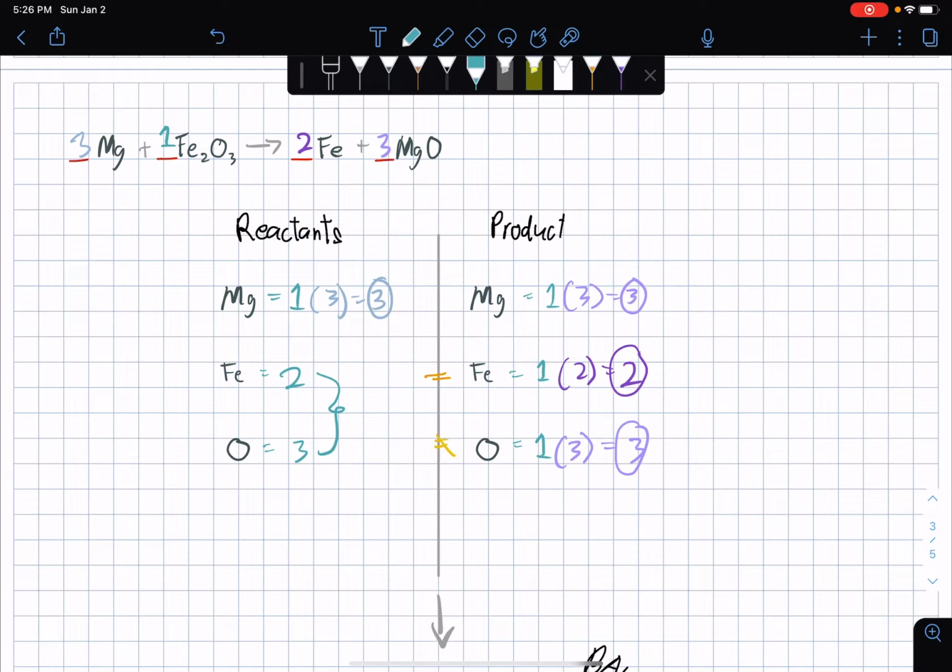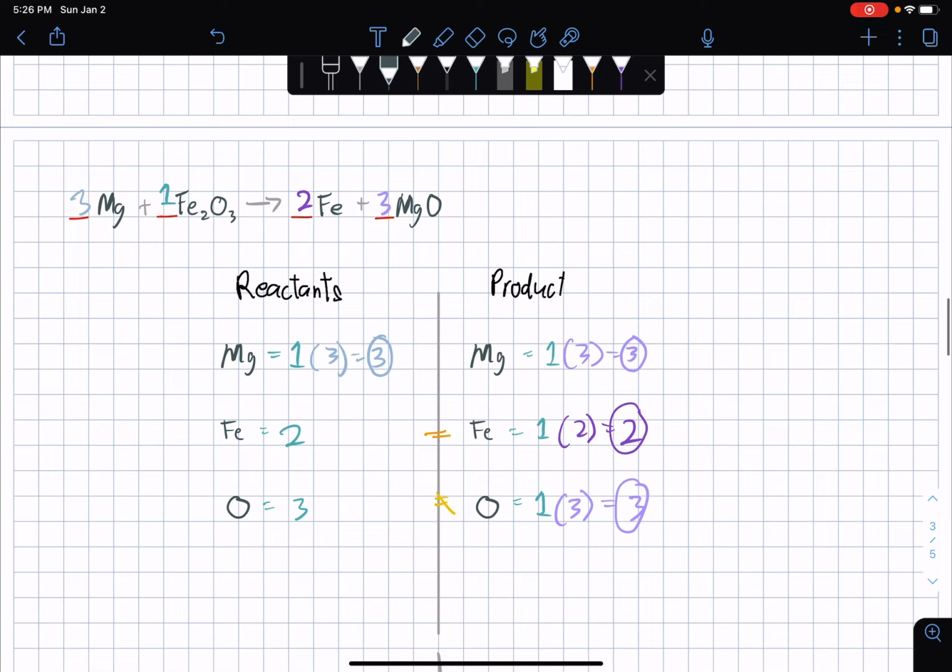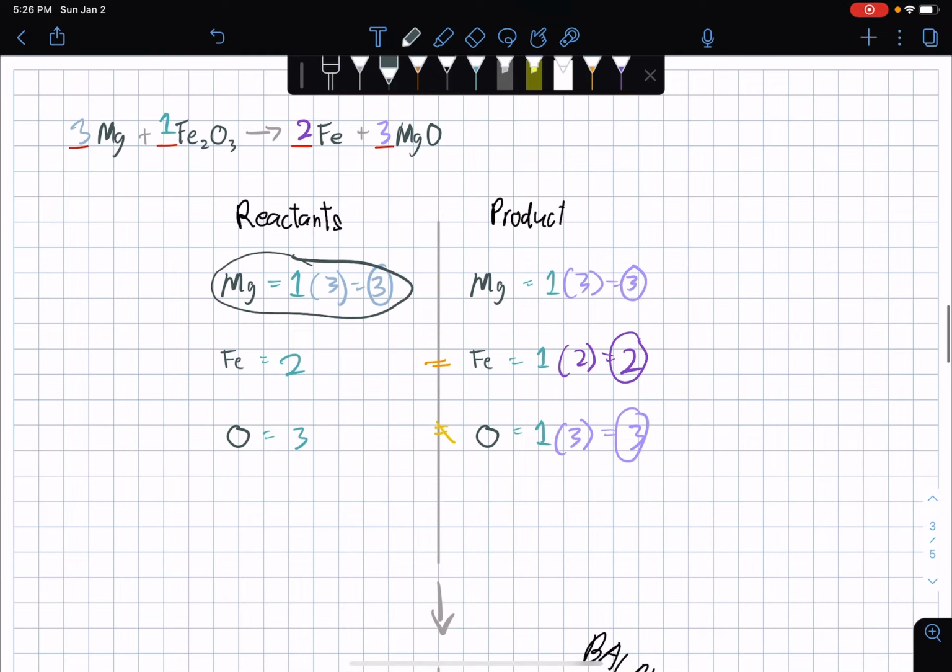These no longer require any change in their coefficients, so we just place 1 here. In this case, we have 3 magnesiums on the reactant side, and also on the product side we have 3 of them. So it makes the Mg equal. For iron, they're both 2, as you can see, so they're equal. For oxygen, we have 3 on both sides, so these are equal.